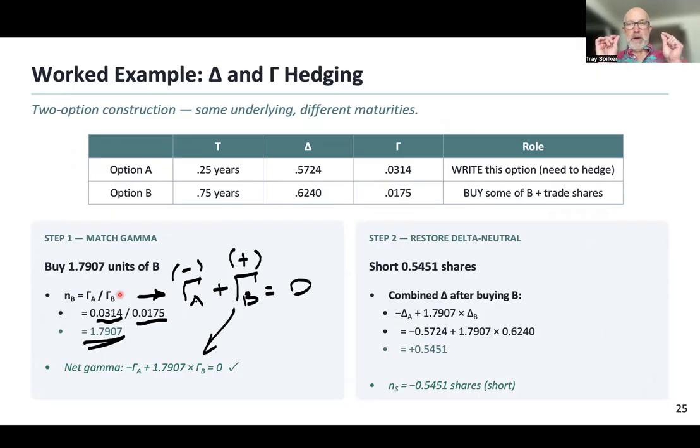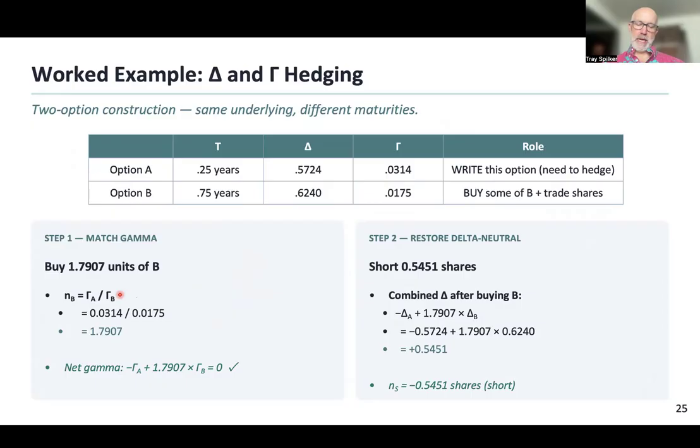Now, remember, we shorted option A, say 1 unit, and then we just bought 1.79 units of option B. So we need to calculate our net delta. So after we buy option B, right, our net delta can be calculated as that ratio, right? Our negative exposure to delta from option A that we wrote and 1.7907 of option B's delta.